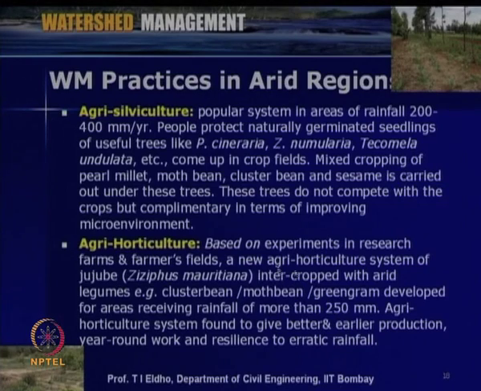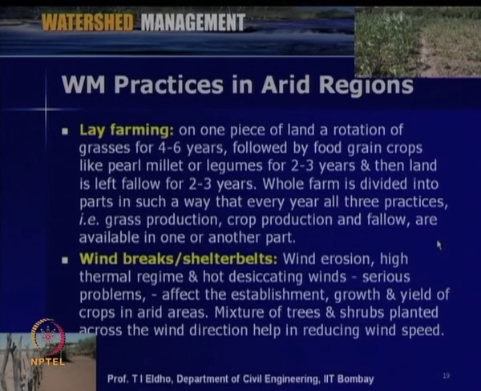So, jujube intercropped with arid legumes like cluster bean, moth bean, green gram. These are developed for areas receiving rainfall of more than 250 mm per year, and the agri horticulture system was found to give better and earlier production, so that we can go for year round work, and this will be resilient to erratic rainfall. So, this is the agri horticulture system which is possible in arid regions.